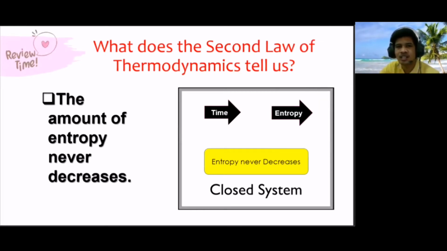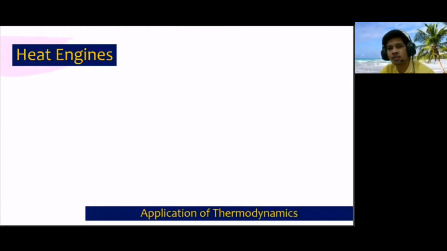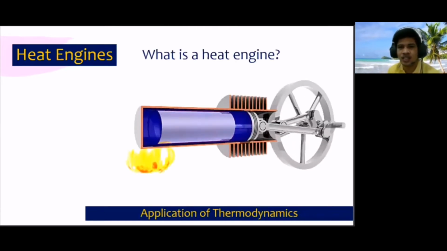That is what the second law of thermodynamics tells us. So for today, we're going to study the applications of that, focusing on the second law, and this is all about heat engines. So what is a heat engine, teacher?